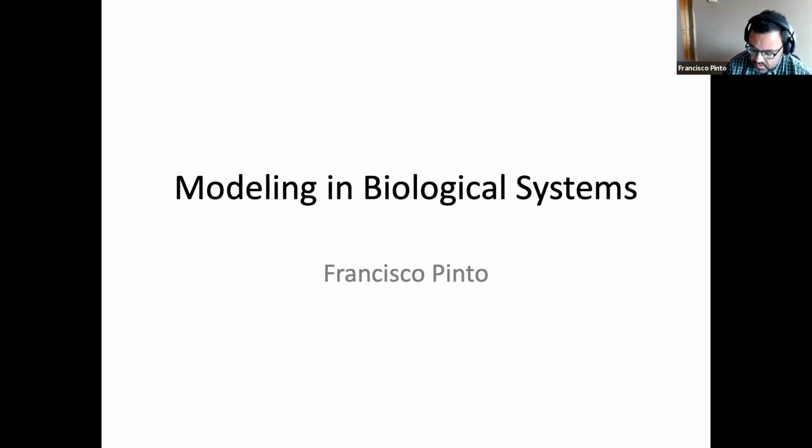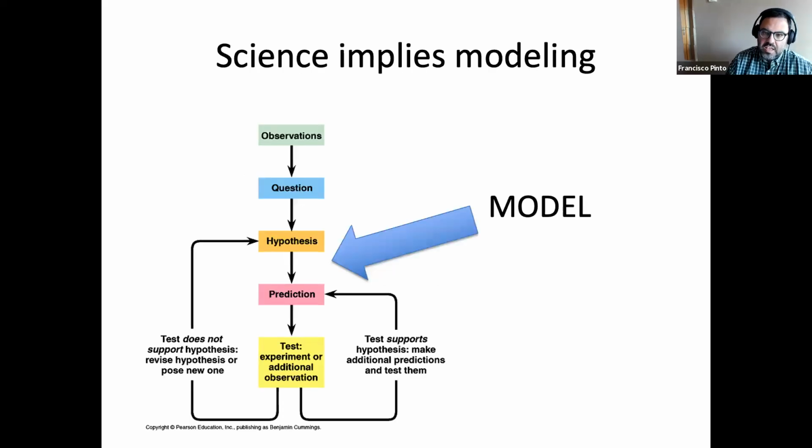So we are going to start by introducing this part of it. It's written modeling in biological systems, but it should be dynamic modeling in biological systems. There are many different types of models, and exactly we are starting by that. So everything that you do in science somehow implies modeling, because you cannot do experiments if you don't have a previous model, a working hypothesis of how the system works.